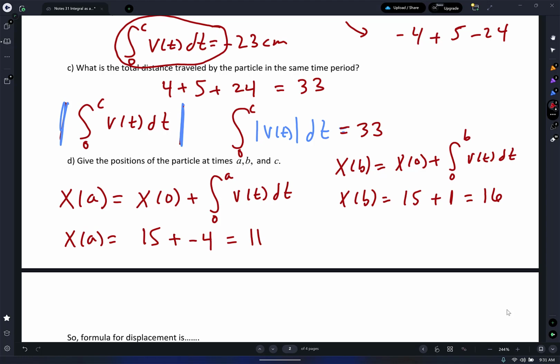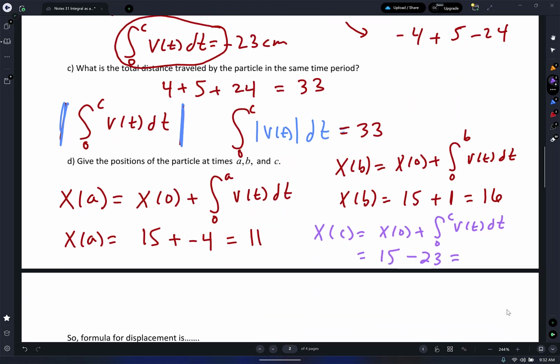And then maybe I should have used 3 different colors because they're all 3 different angles. X of C equals x of 0 plus the displacement from 0 all the way to C of v of t dt. So that equals 15, and my displacement was what? Negative 23? Minus 23, which equals, I guess you can also subtract 24 from the 16.